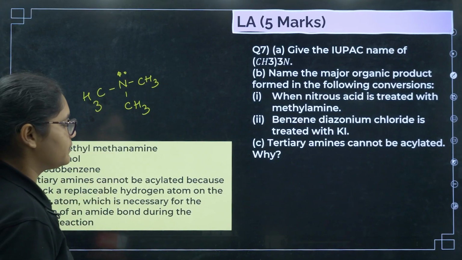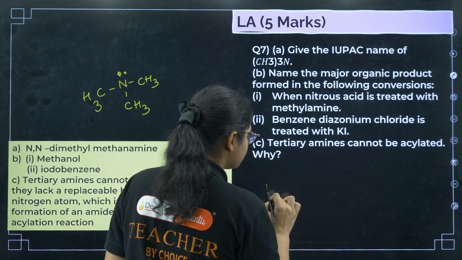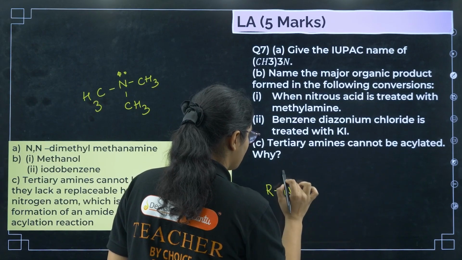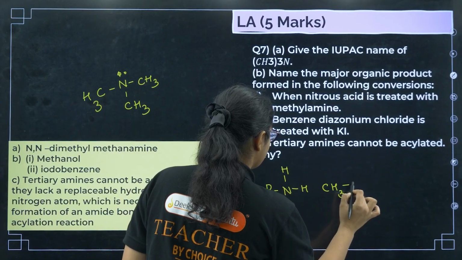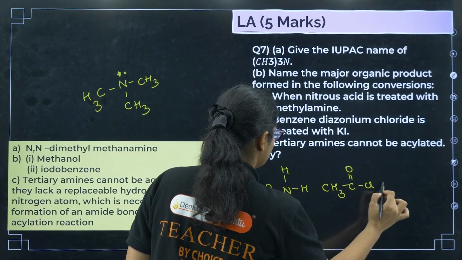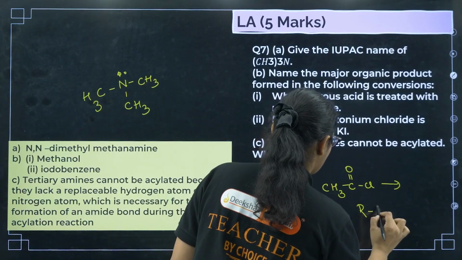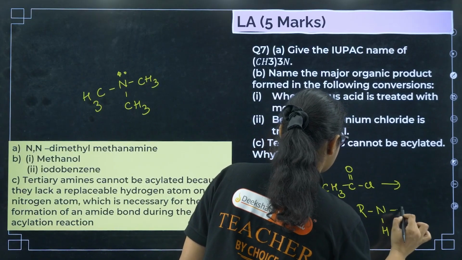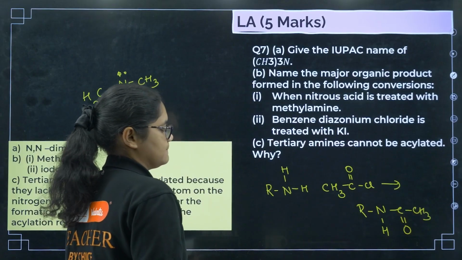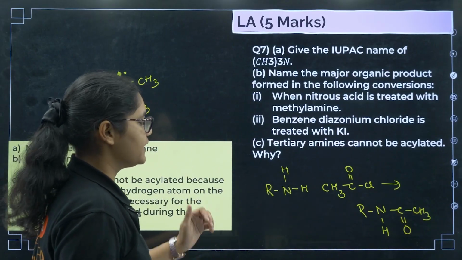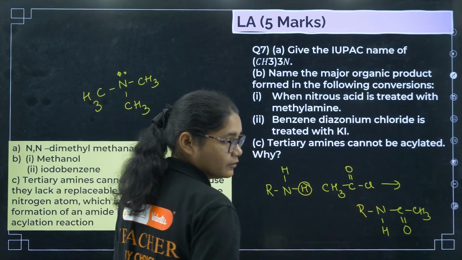Tertiary amines cannot be acylated. Why? What is basically acylation? You have RNH2, and if you treat it with CH3COCl or any other acyl group, it is formed like this: RNHCOCH3. So basically the hydrogen is replaced with an acyl group, right?